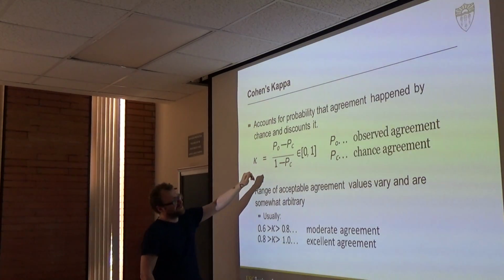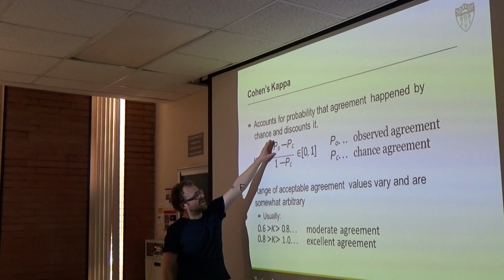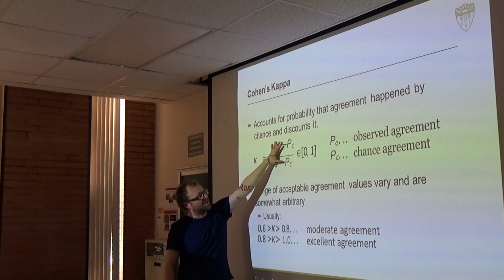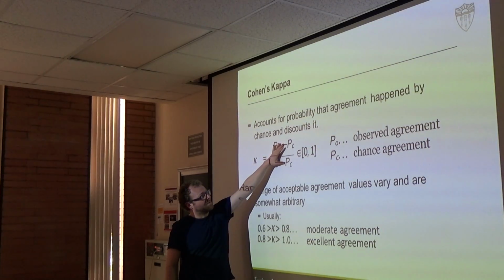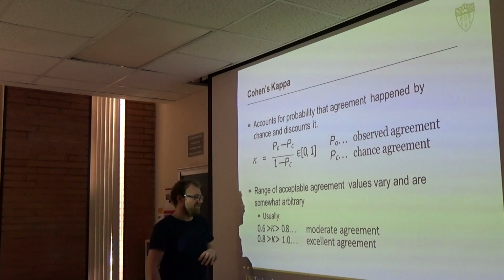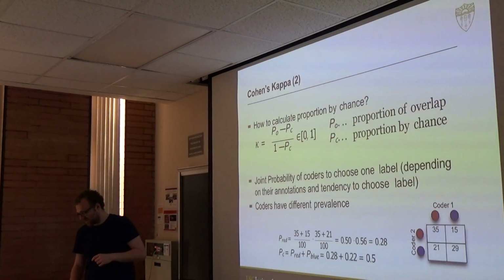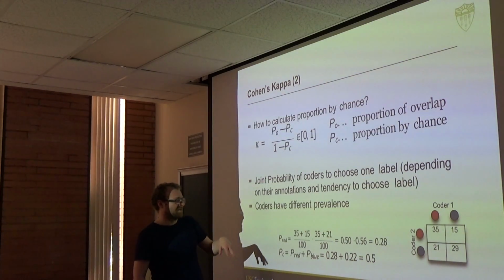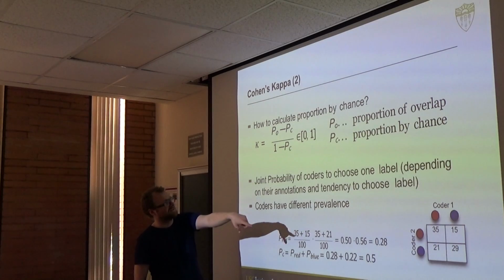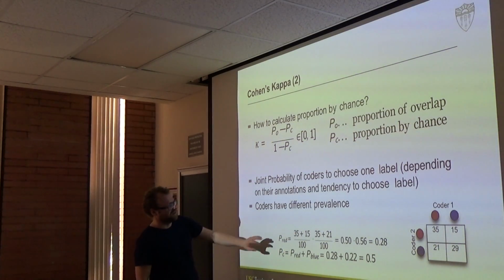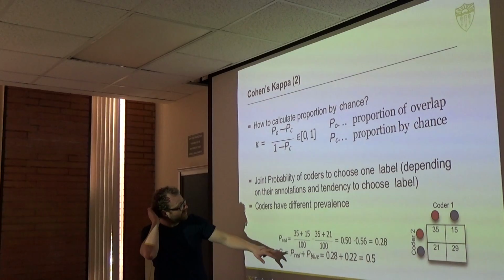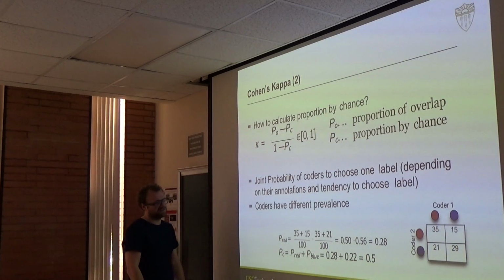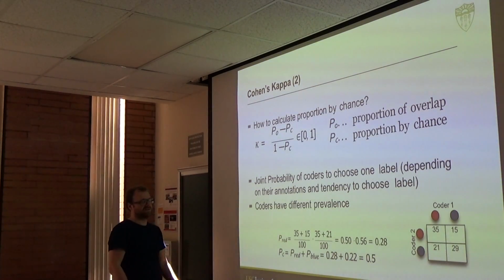So you take this observed agreement, but then you subtract from this calculation, in both the numerator and denominator, the chance agreement. The chance agreement can be calculated as such. This is a slightly different example, but you can compute the chance of saying red plus the chance of saying blue for each of the raters separately.